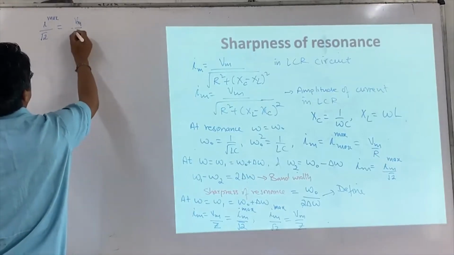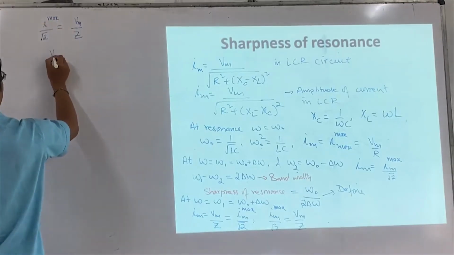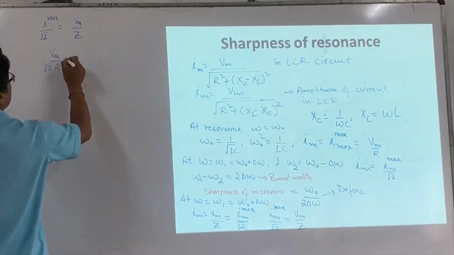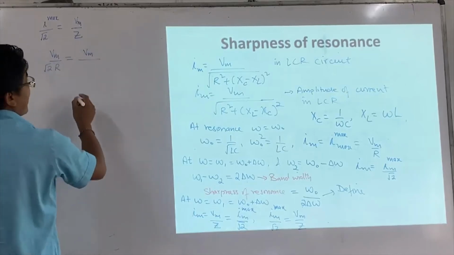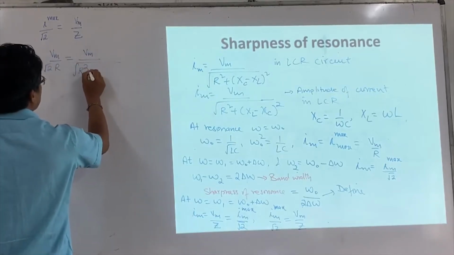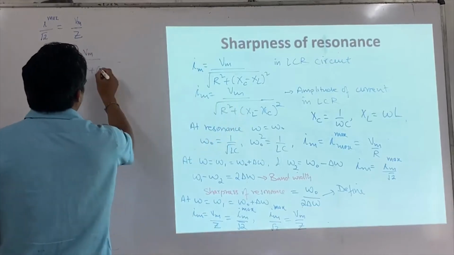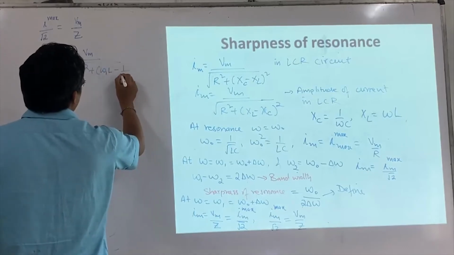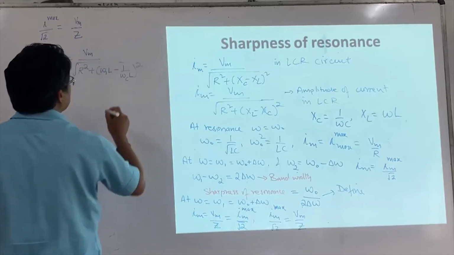This is going to be Vm by root 2 R, which is equal to Vm divided by the square root of R square plus (omega 1 L minus 1 by omega 1 C) whole square. So this is what we have.